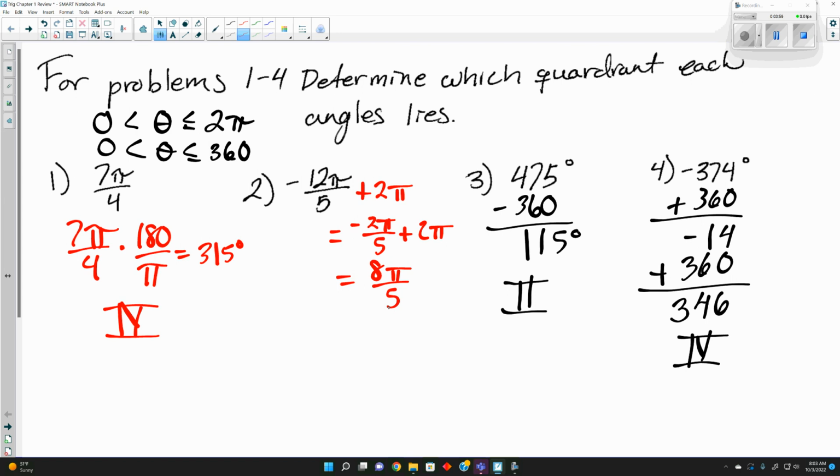It's not a nice angle. So we can look at the fractions and use the 8/5 pi as a decimal to try to see where it works out to be, or we can multiply it by 180 over pi, which is 288 degrees, which is kind of a little bit easier to look at. Because if we look at the unit circle, straight down is 270, which tells us this is in quadrant 4.